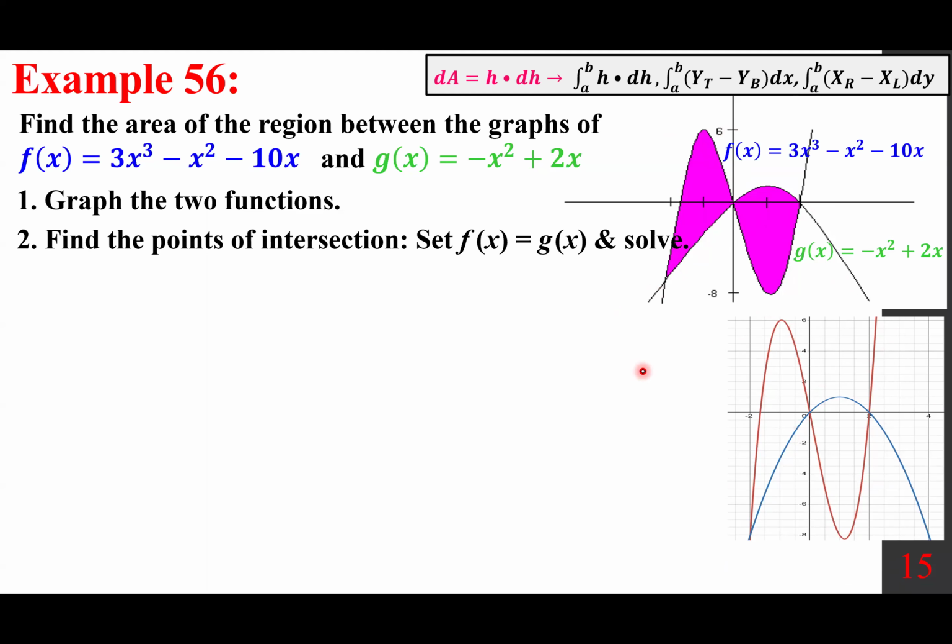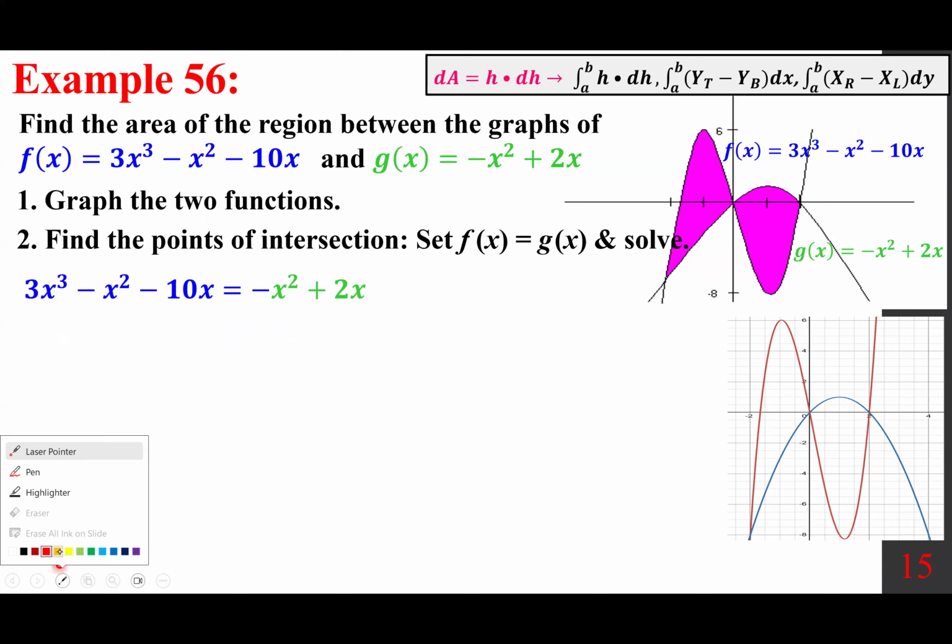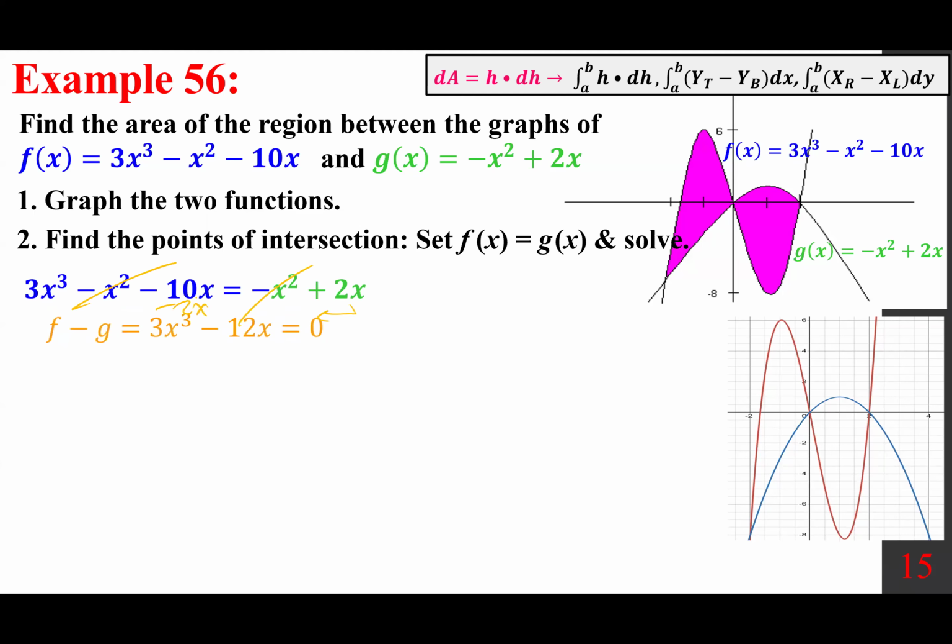So first, let's find points of intersection by setting them equal. As we set them equal, everybody, these two are identical. We don't have to do anything. Cancel them. And then we bring this side, we factor the 3x out.